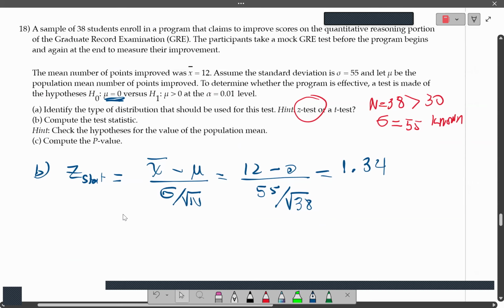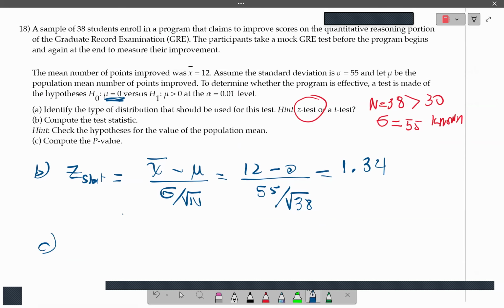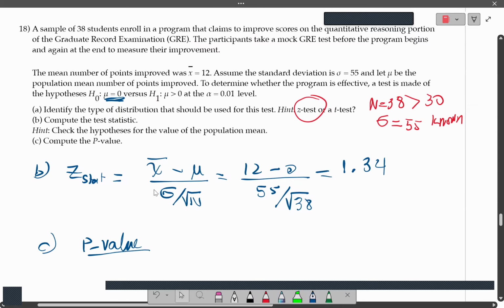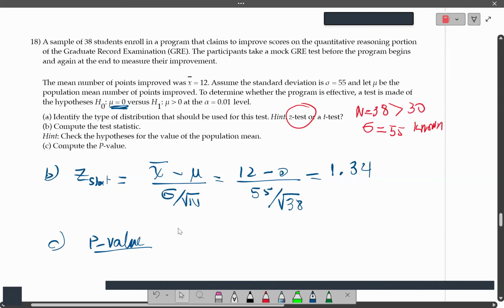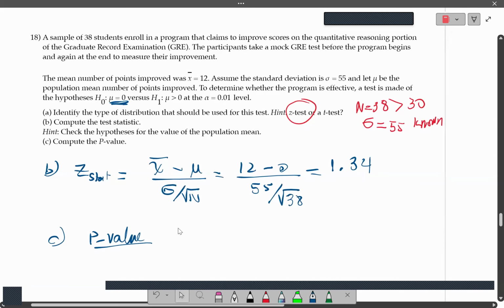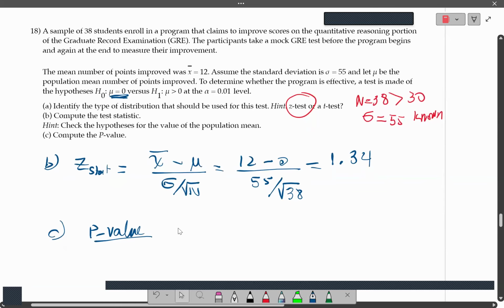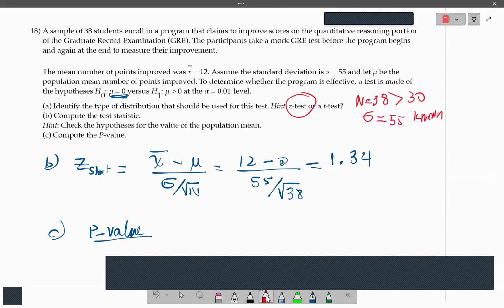All right. C, compute the p-value. Now, before computing the p-value, you need to know whether it's one tail versus two tails. What do you think? One tail. Why? Because we have the hypothesis H1, this one, right?